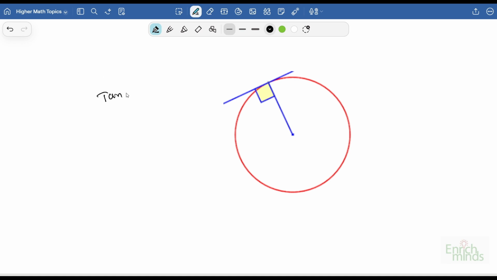The point of intersection of the tangent and the radius, where they meet, is 90 degrees. So for this property to hold, one of the lines has to be a tangent, and the other has to be the radius of the circle, then this angle is 90. It can be radius, it can be diameter as well, because we can extend the radius to make it a diameter. Nothing will change here. It will still be 90 degrees.